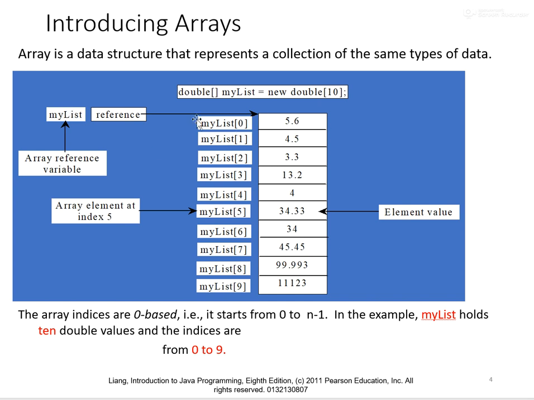So over here, for example, mylist is an array of 10 elements, as you can see, these 10 white boxes. Each of them is storing, in this case, a double variable. The first element is referred to as mylist[0], the second one can be accessed as mylist[1], and so on.